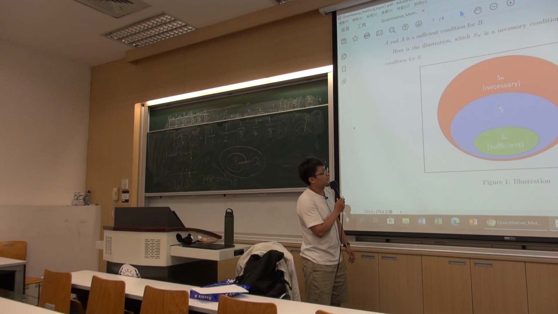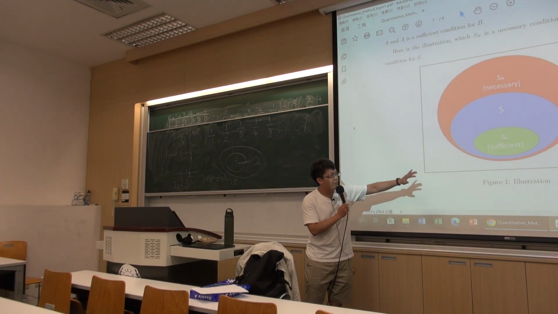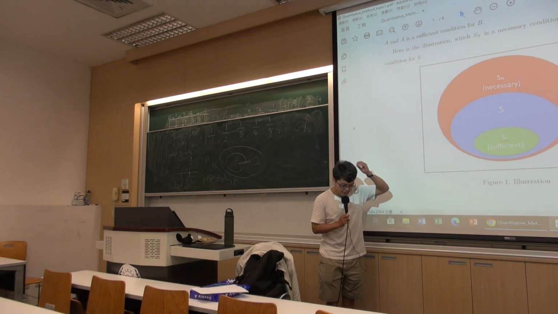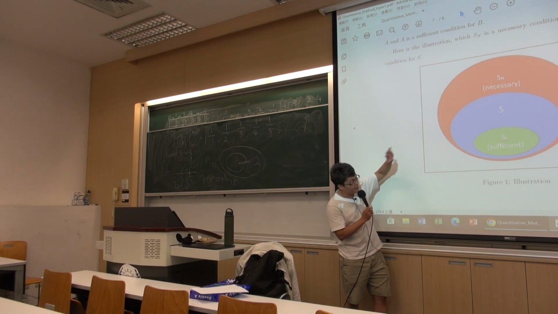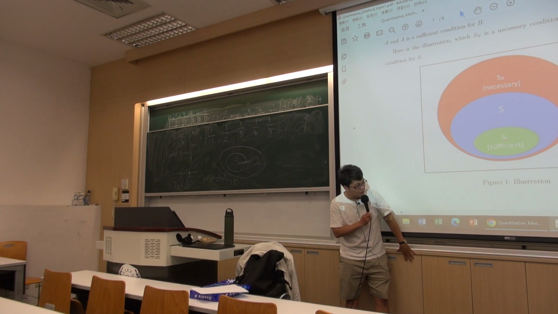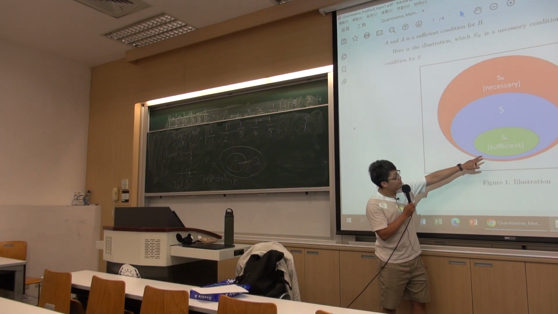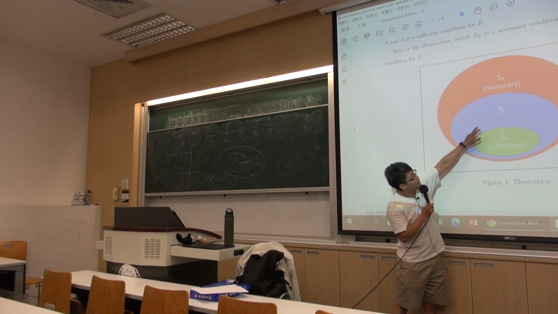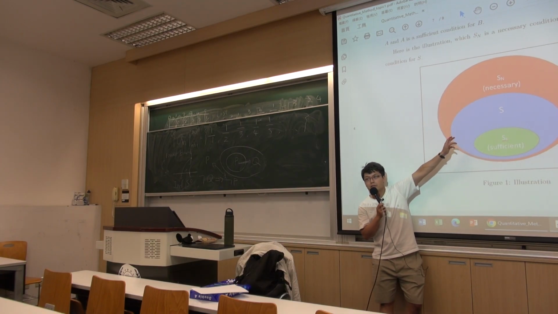This graph represents three conditions here: S_n, S_s, and S. So if S is true, then it implies S_n must be true as well, right?